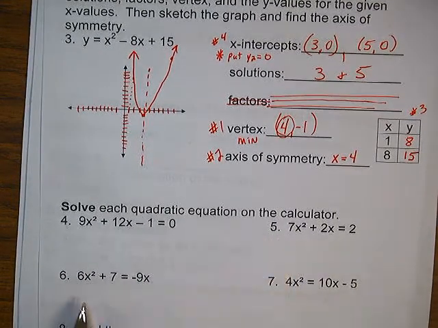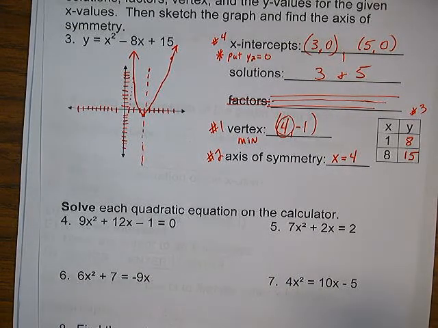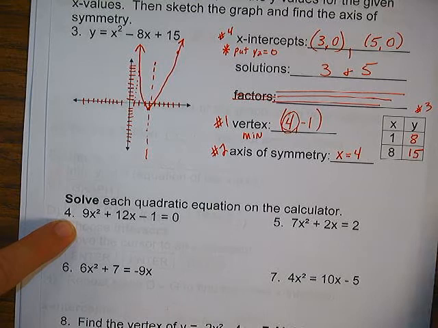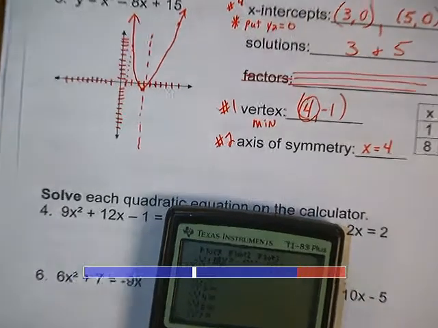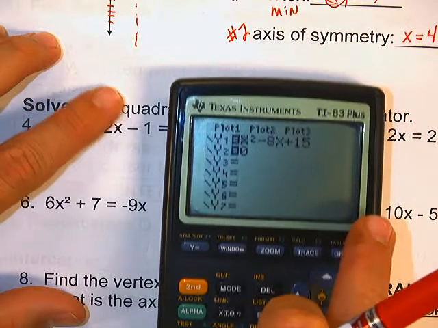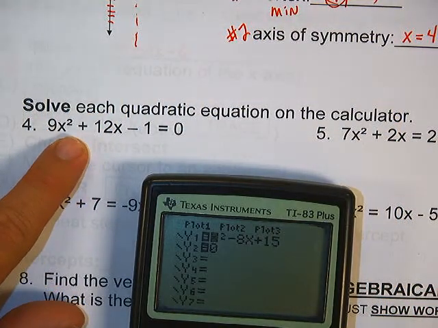If you look at 5 and 6, they're on both sides of the equal sign, so we'll have to do some work before we get there. Now, 4 is good. So I could simply go to my calculator. For right now, we can leave that y sub 2 equals 0 in there, but let's change the first one.